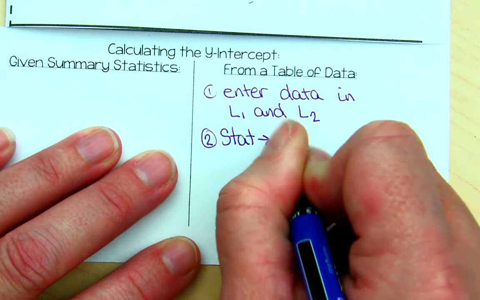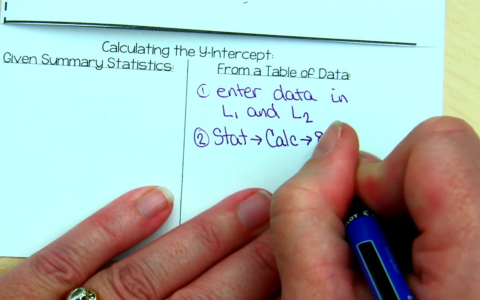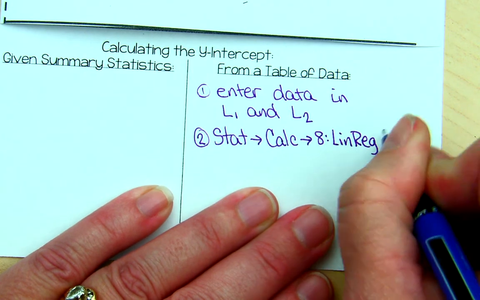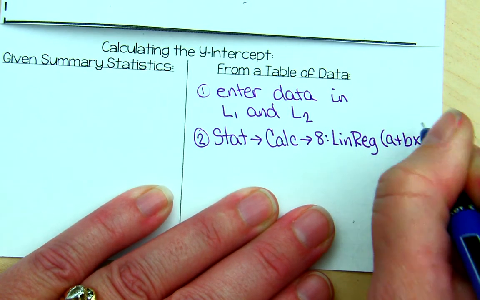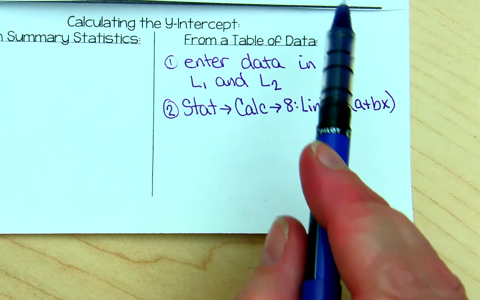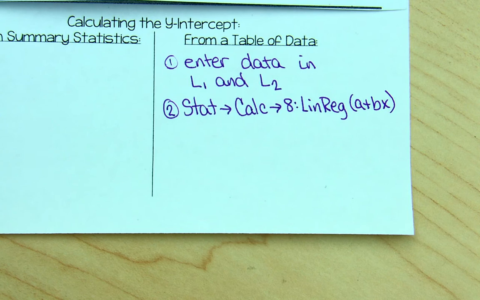Let's do stat, calc, 8, and then red. And that will give us the A and B, just like it did up here for slope. And the A is going to be my y-intercept. B is your slope.